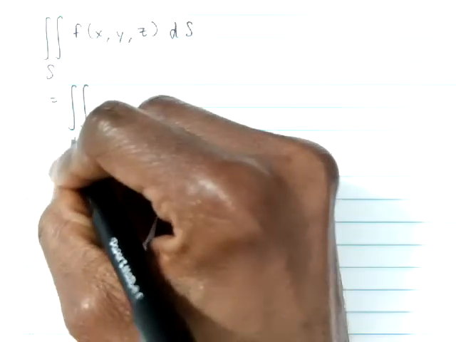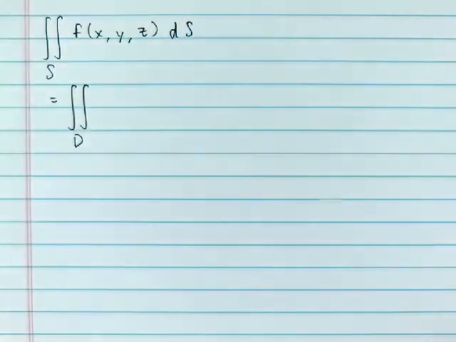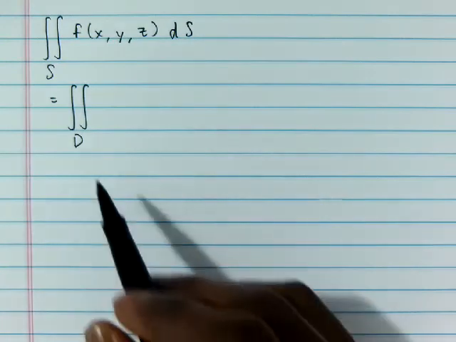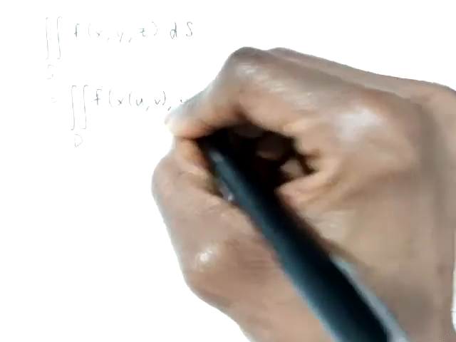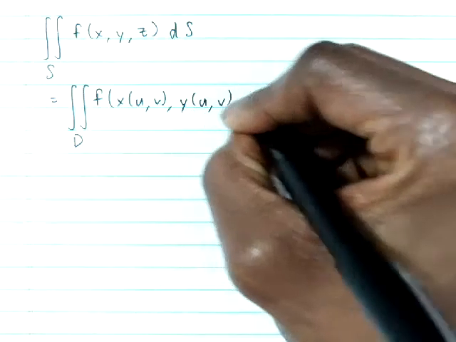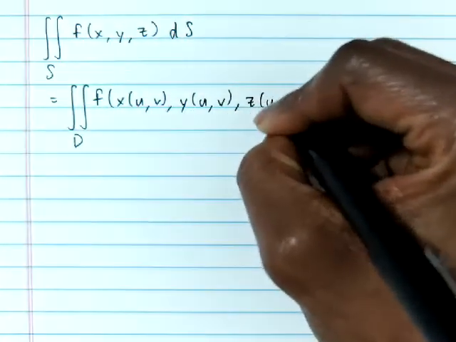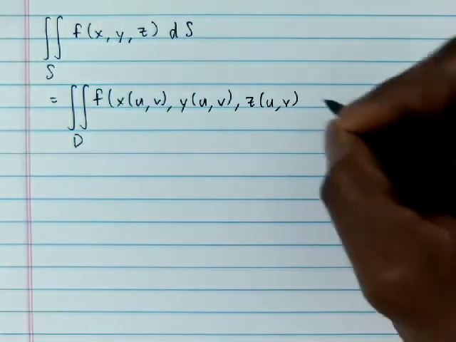over the region D, where u and v vary on that region D. We take f and we put in our parameterization of the surface. So f of x of u, v, comma, y of u, v, comma, z of u, v.